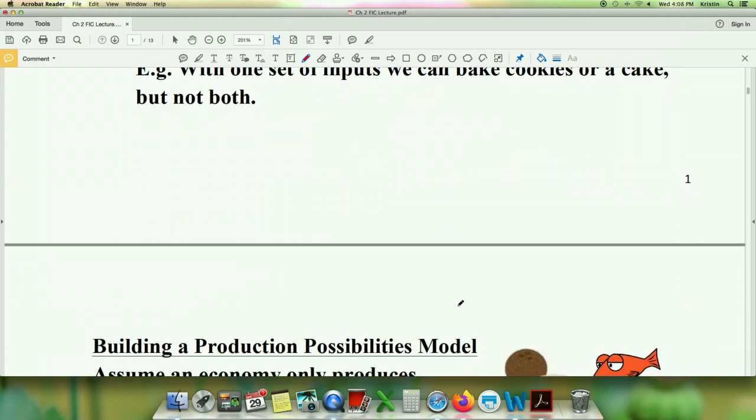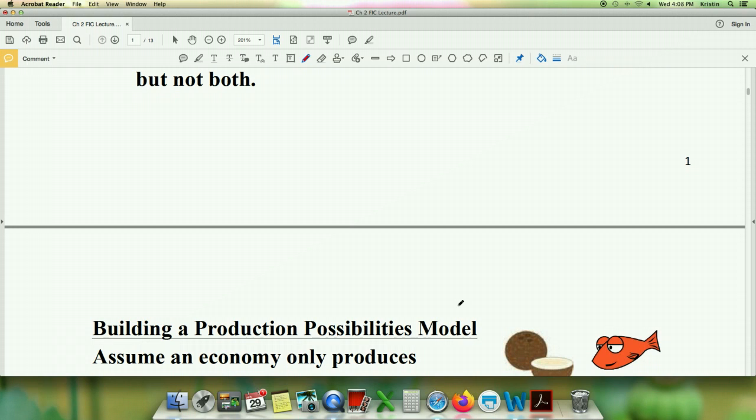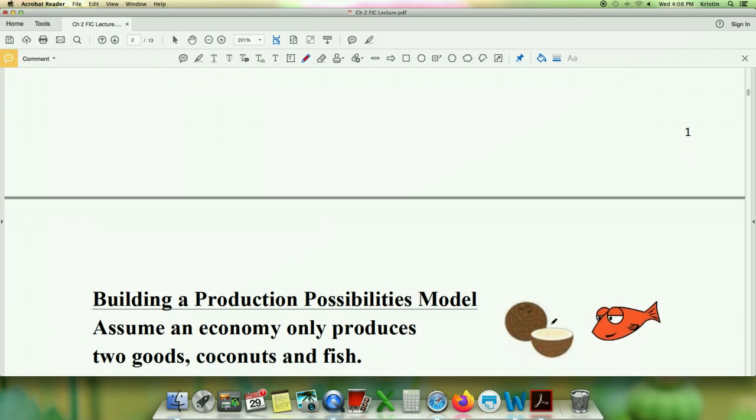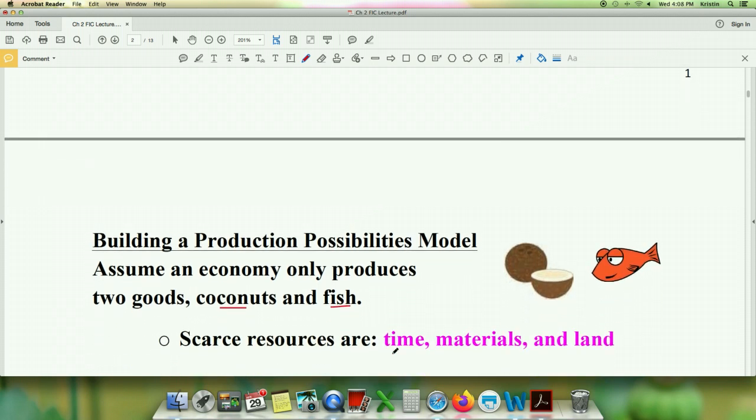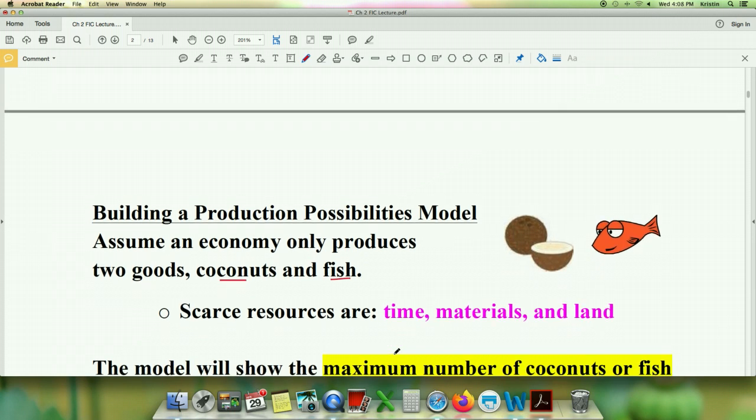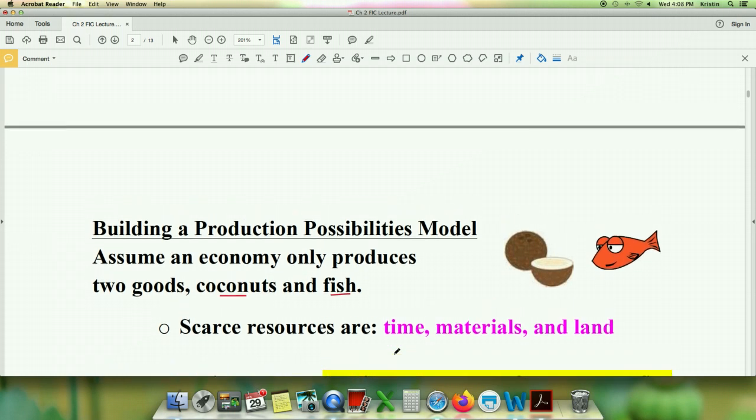Now we're going to switch to another example where we have a small economy on an island, and the only two things that they will produce are coconuts and fish. They just have some limited simple materials for resources: time, land, labor. What this model or graph will illustrate is what is possible for them to produce.